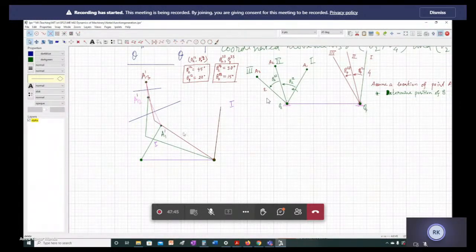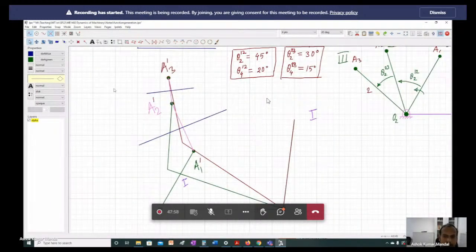Okay, so now you have perpendicular bisectors of these points, and where these two will intersect, that will be the point B, okay, on the follower. So to do that, let us extend this line.